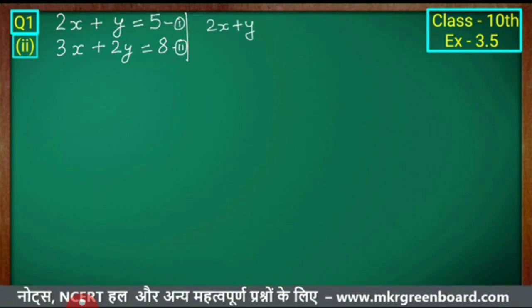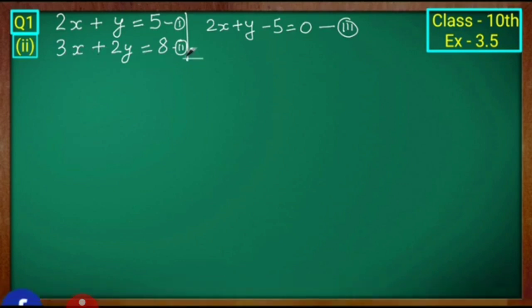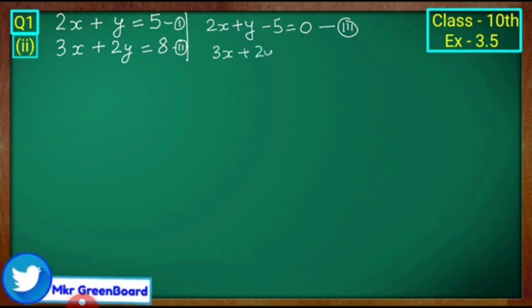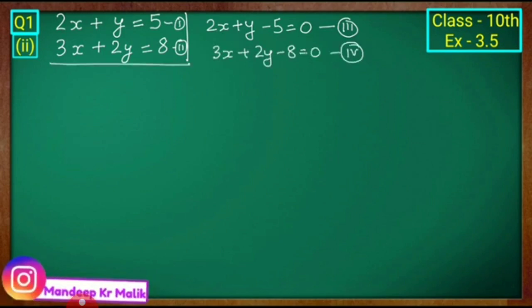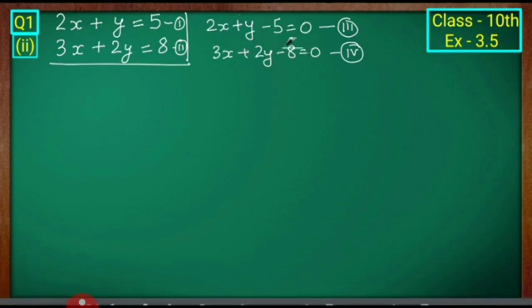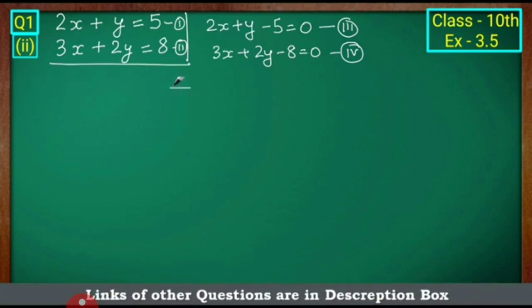So first we write the pair of linear equations in the form a1x plus b1y plus c1 is equal to 0, and a2x plus b2y plus c2 is equal to 0. So equation 1 can be written as 2x plus y minus 5 is equal to 0, and equation 2 can be written as 3x plus 2y minus 8 is equal to 0.